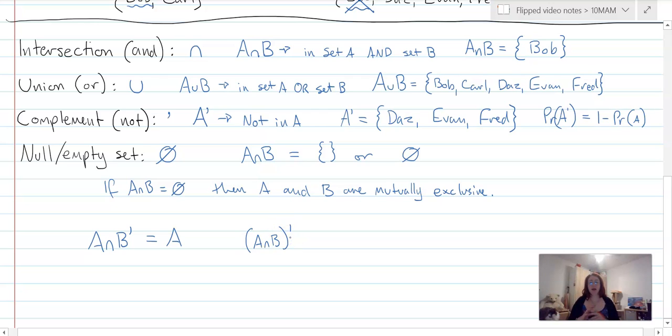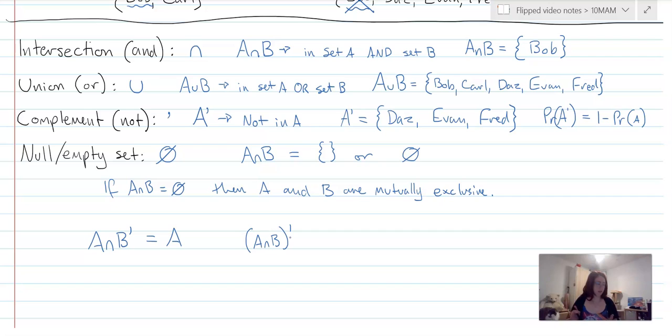That would mean everything that's not the intersection point, everything that's not across both sets, and so on. You can have all sorts of different combinations of those symbols.